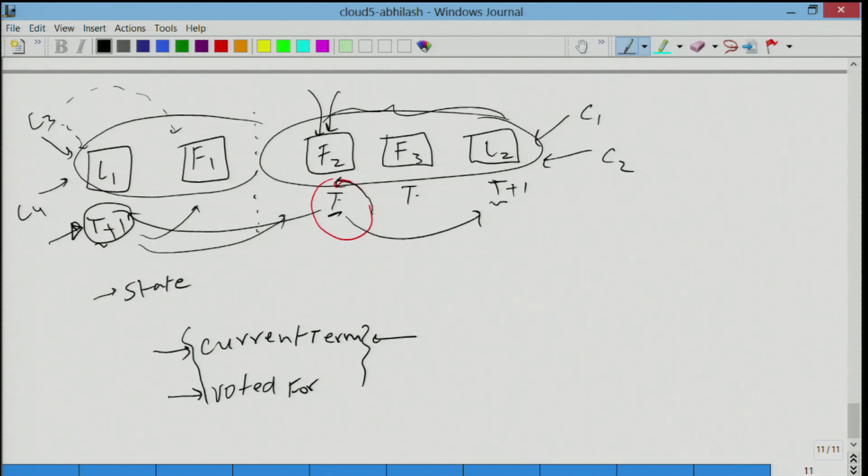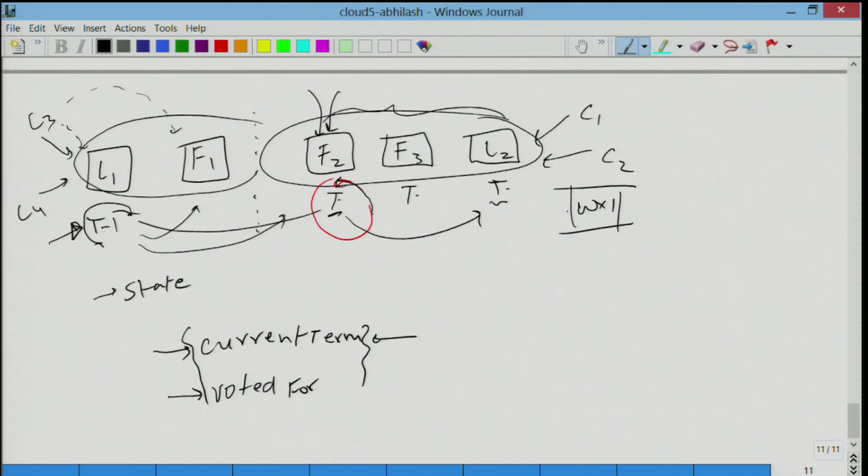But that can break our linearizability. Let me reset this figure again. This is the leader for term t minus 1, and this is the leader for term t.